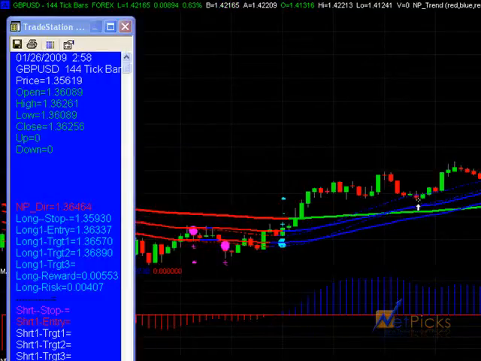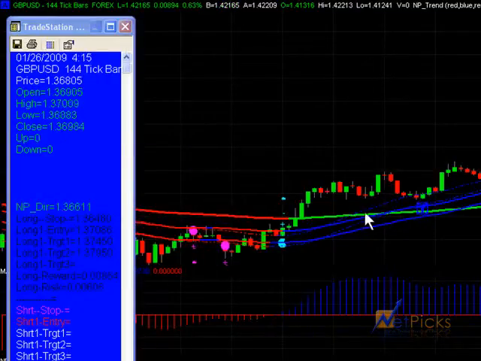However, we have a re-entry trade right here, which turns out to be nice. After you see a trade go to full target and it pulls back, and we have something we call separation of our trend lines, we get a setup right here. You can see on the screen, it gives you the exact entry, 1.3708, and the target of 1.3795. We're shooting for 86 pips on a risk of 60, at least to start the trade.